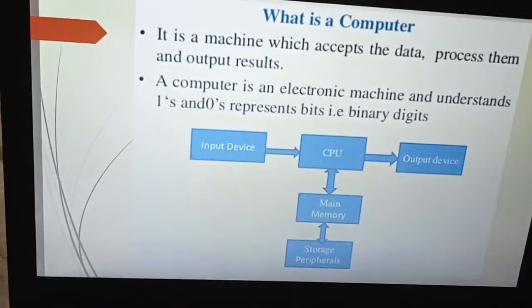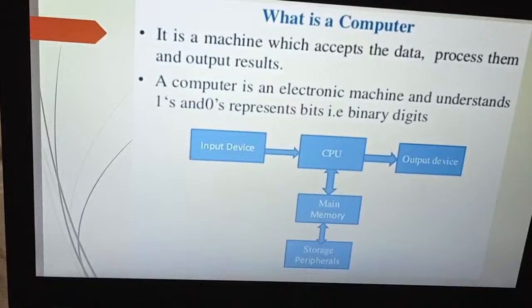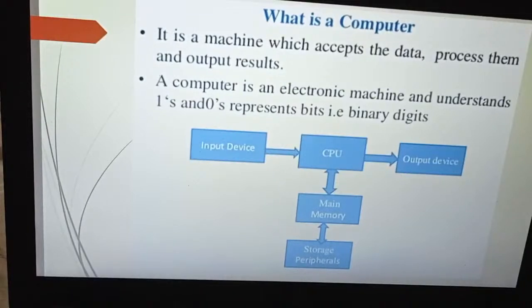A computer is an electronic machine which understands machine language, zeros and ones, represented as bits. These are binary digits. Bit is abbreviated from binary digit.